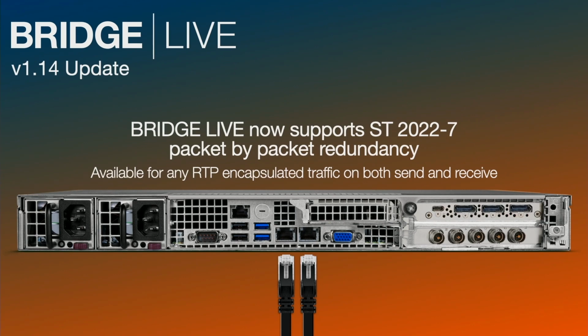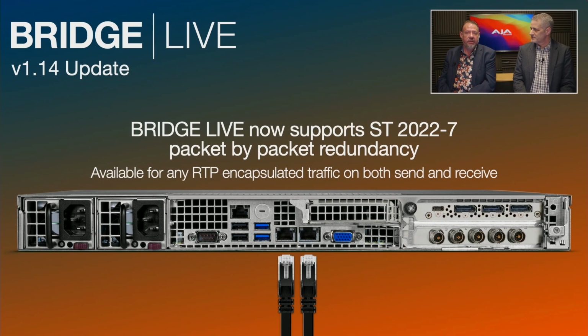And so a new feature as well is packet redundancy. Maybe you could explain what that is. So, anytime you're dealing with anything that's going across IP protocols, there's a chance of packet loss. So here, we're basically offering the 2022-7, which was always designed to have almost like a fallover if a packet gets lost in one of the 2 streams.